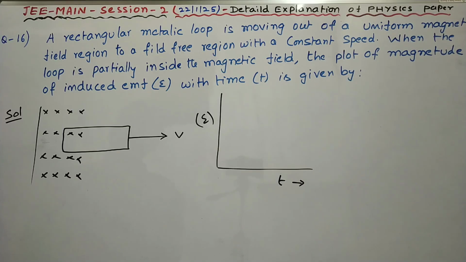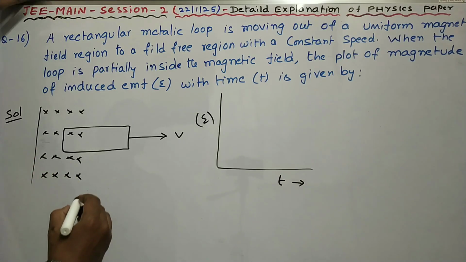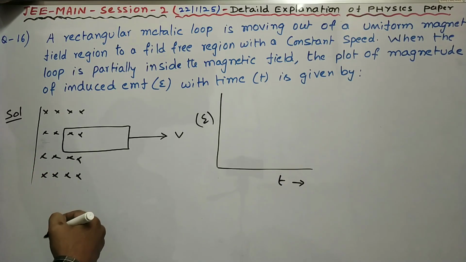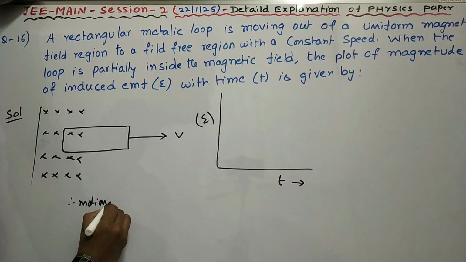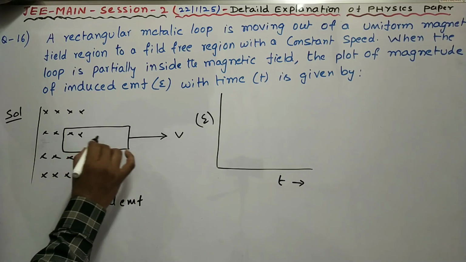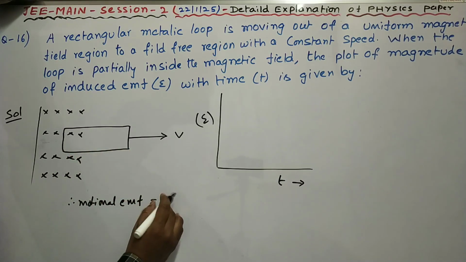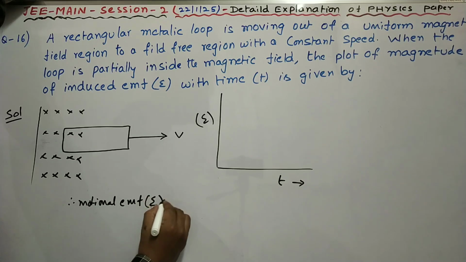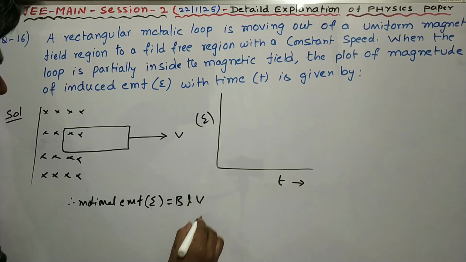You know very well, when any rectangular metallic loop is moving inside a magnetic field, it induces an EMF. This EMF is called motional EMF. So the motional EMF developed inside this metallic loop, E, is equal to B into L into V.